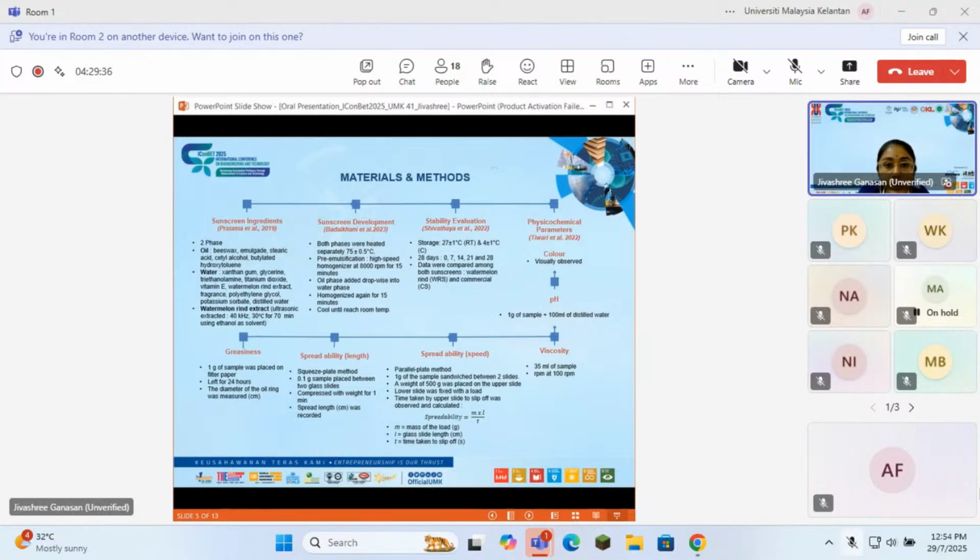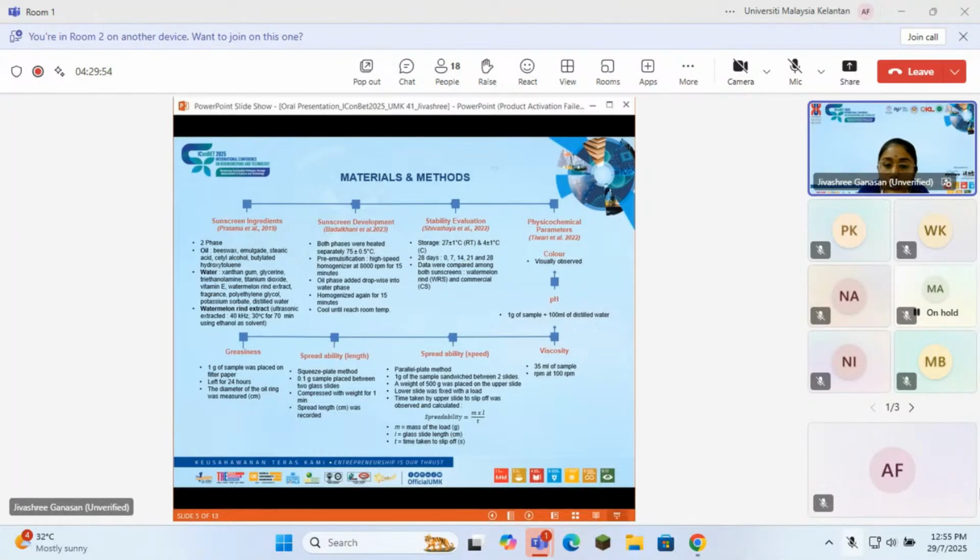For the parameters, color was observed visually because both of the sunscreens were basically white, so we didn't need any other devices. It was just observed visually to see any microbial growth or phase separation.